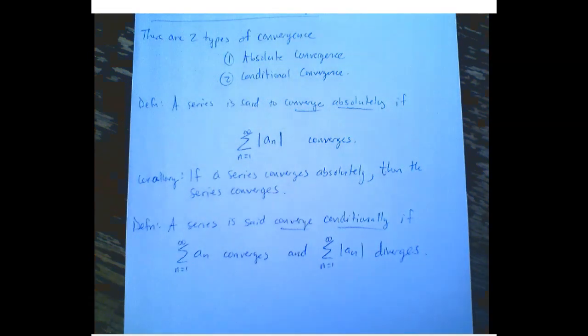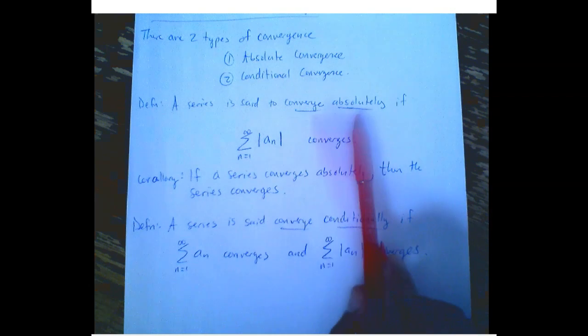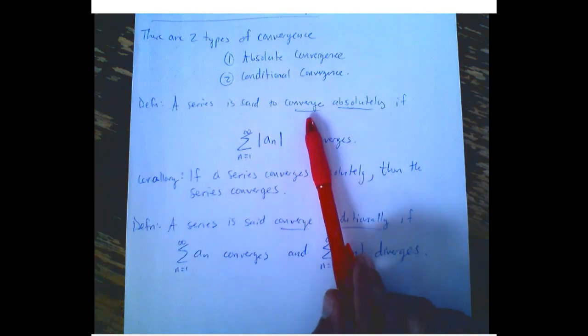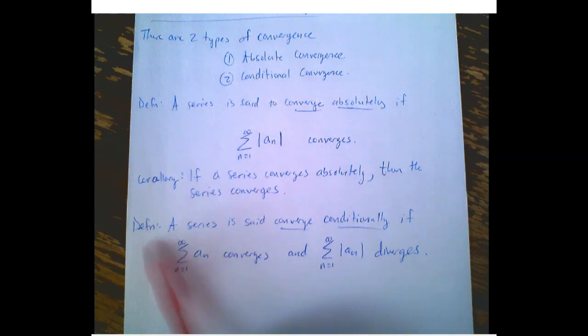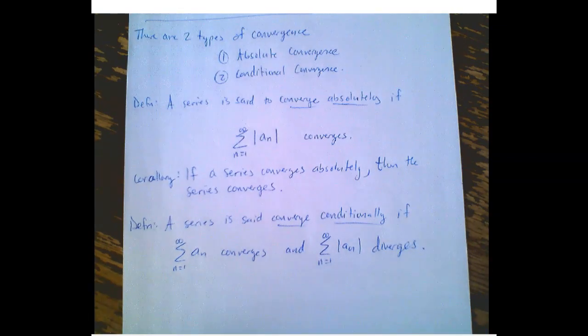So basically the difference between these is that absolute convergence is a stronger type of convergence than conditional convergence. So we're just defining them in this way. Okay?